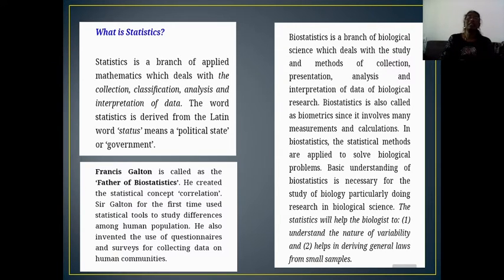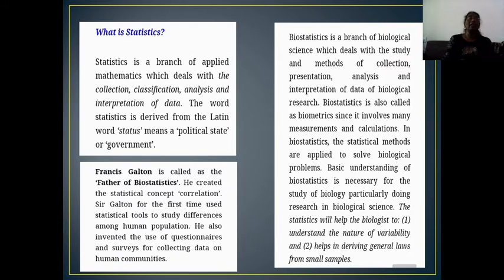Statistics helps the biologist in two ways. First, to understand the nature of variability, and second, it helps in deriving general laws from small samples. When we study the history of biostatistics, one scientist, Francis Galton, is called the father of biostatistics.